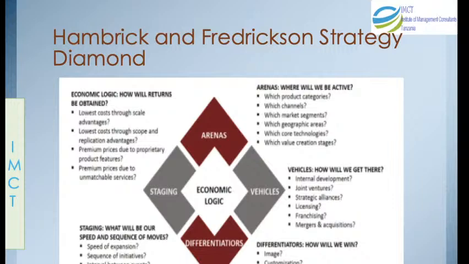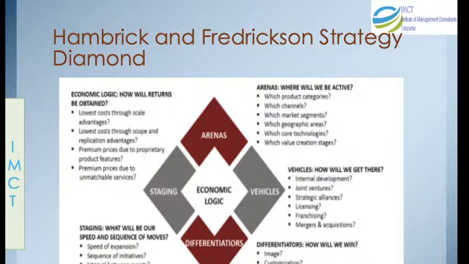How will you get there? So number 1 is where, vehicles is about how, differentiation is how also, the winning part. And when you come to staging, it is what will be our speed. How do you go about delivering your product? Speed of expansion or sequence of initiatives.